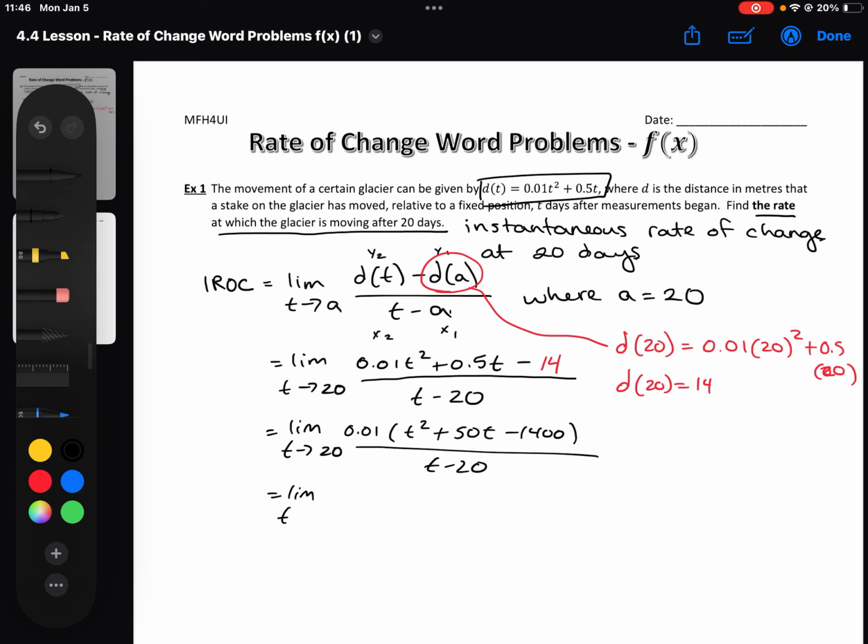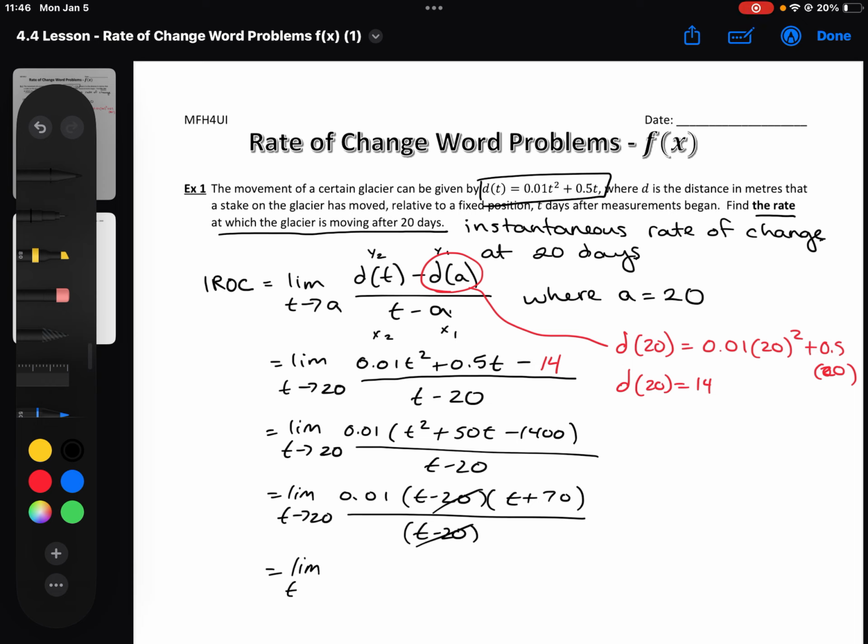I know that as long as I've done my algebra correctly, one of the factors of the top should be t minus 20. So that lets me fill in the other one because I know the final two terms have to multiply to minus 1400. That is going to let me cancel out t minus 20.